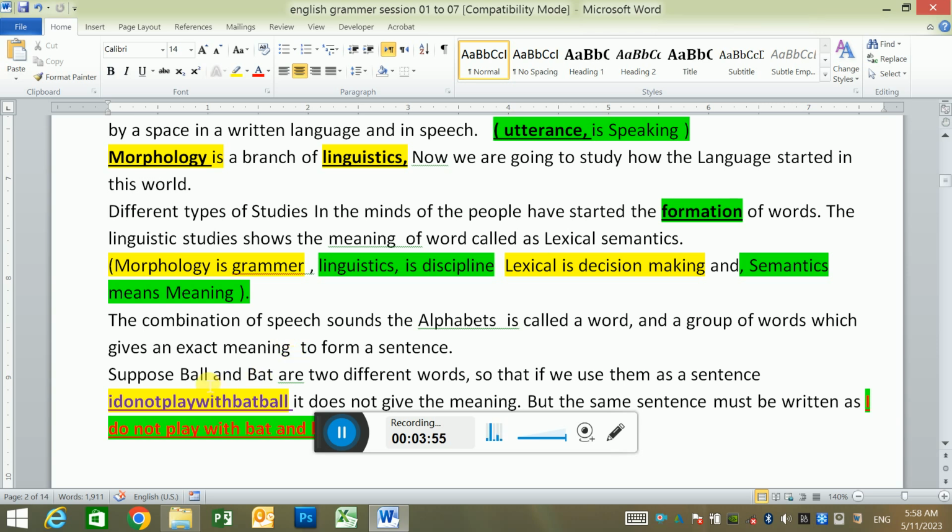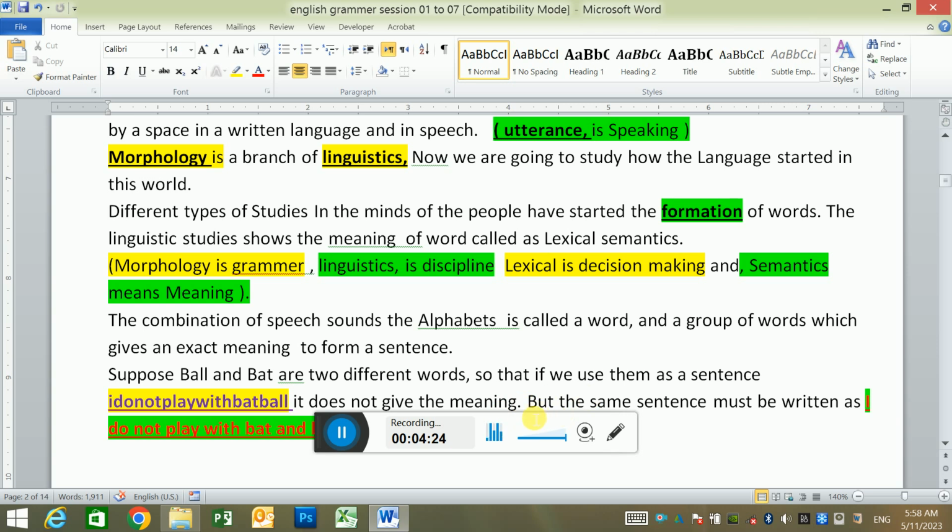Suppose bat and ball are two different words. If we use them in a sentence like "I do not play with bat ball," we may not understand how a sentence is formed, and no one can understand this sentence formation. It does not give any meaning to itself, isn't it?